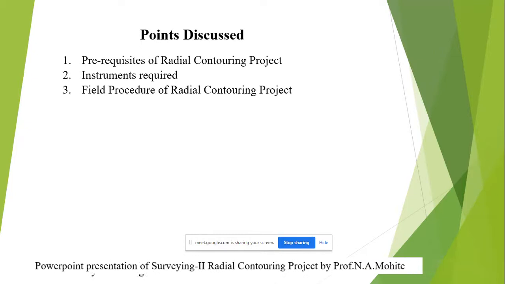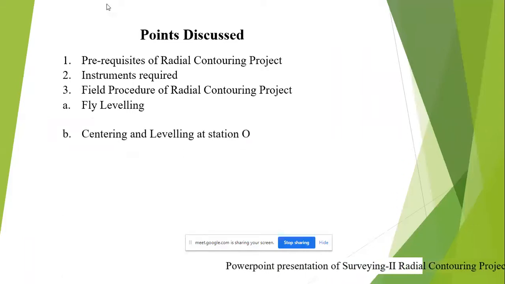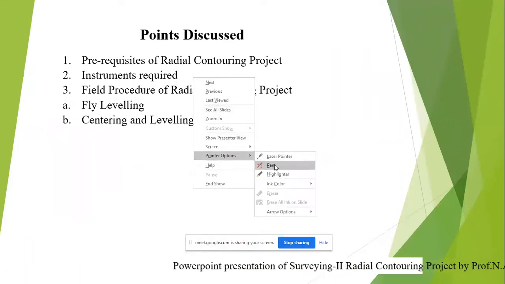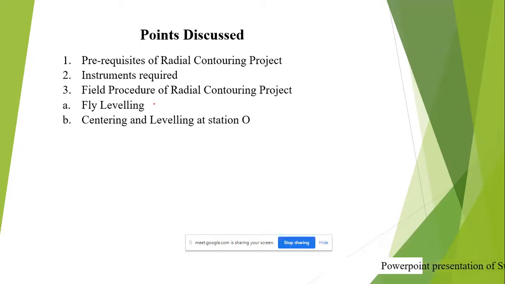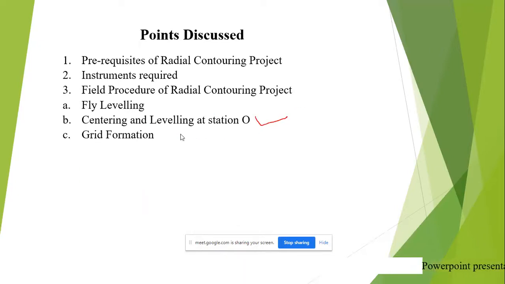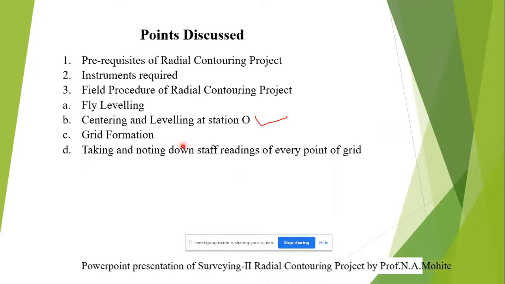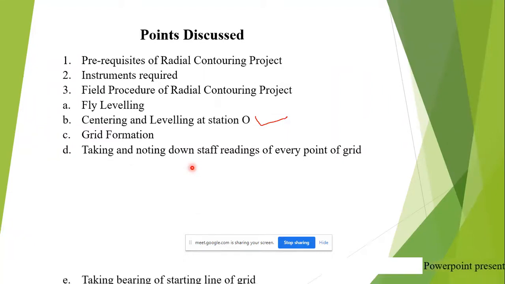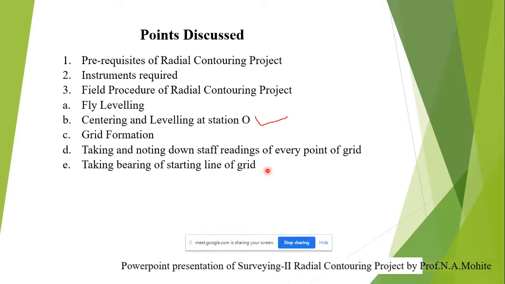In the previous session we discussed the prerequisites of the radial contouring project, the instruments required, and the field procedure, in which we saw the actual groundwork: how fly leveling is done, how the readings are noted down, then centering and leveling at station O. Then how the grid formation is done, taking and noting down the staff readings of every point of the grid, and taking the bearing of the starting line of the grid, that is the A line.